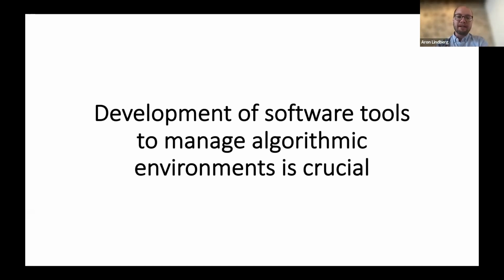And this reminds me of something that Wanda Orlikowski said a few years back when she had a keynote at either ICIS or AoM, and she asked the question, how are we going to study these algorithms? Well, maybe we need to use algorithms to study the algorithms. And I think, at least in practice, the answer is very similar to that, meaning that in order for practitioners to understand how these algorithms behave, they need to design their own software to analyze the algorithms so they can understand what the algorithm is doing.